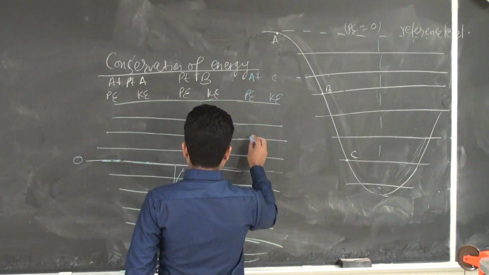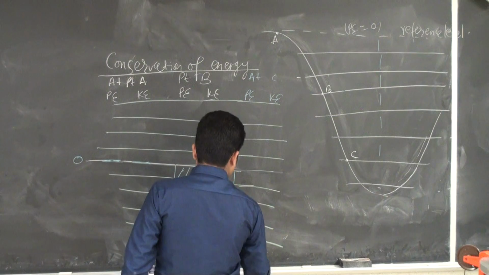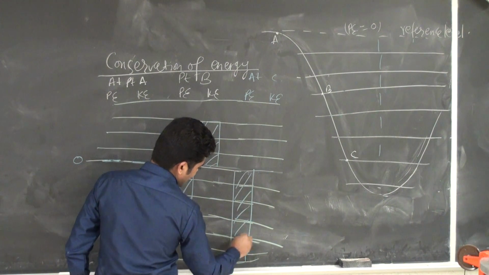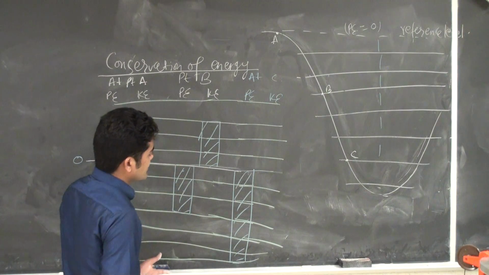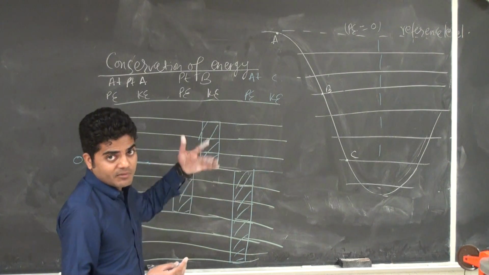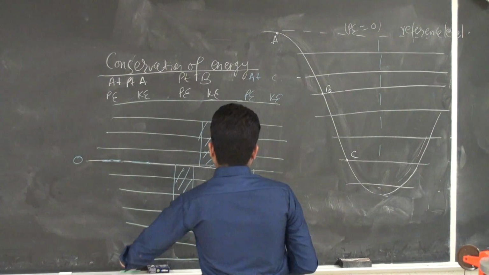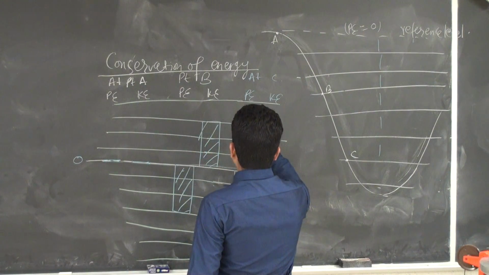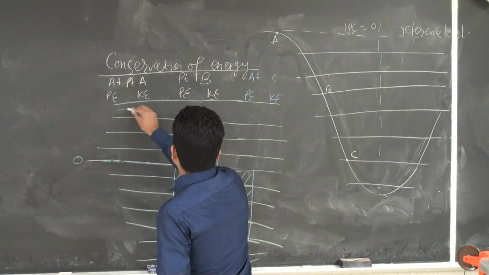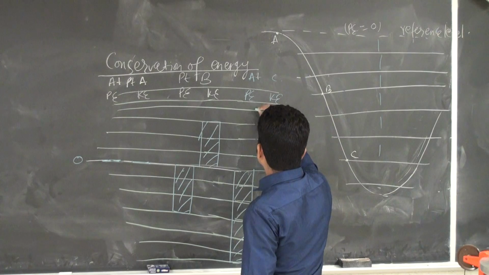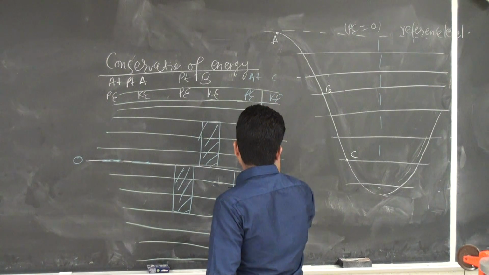So the potential energy is 6 steps downward. You can show this in the bar diagram. And the kinetic energy should be 6 steps upward in order to conserve the energy, right? So we have to go up to 6 steps.